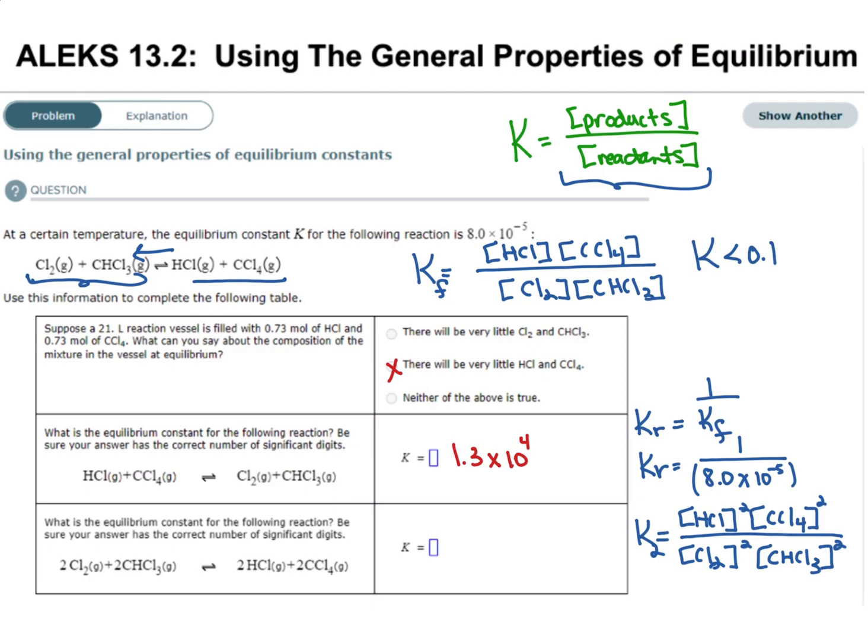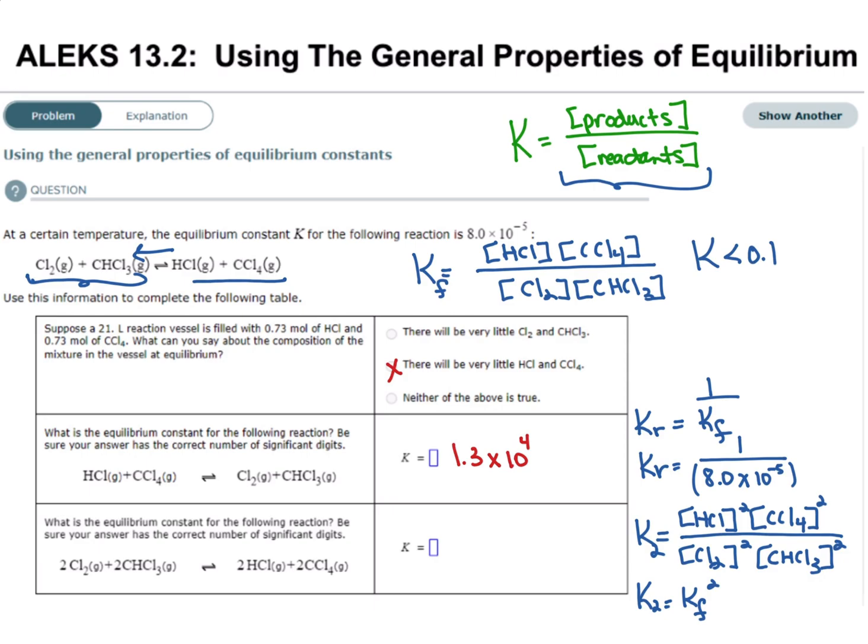If we take a look at K2 and compare it to our forward reaction, KF, we see that it's very similar. The products are HCl, CCl4, and the reactants are the same, Cl2, CHCl3. The only difference is the coefficients. All of the powers in KF are to the power of 1, and all of the powers in K2 are to the power of 2. So K2 is going to be KF raised to the power of 2.